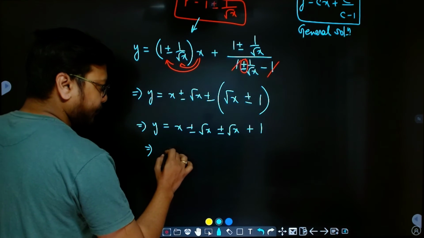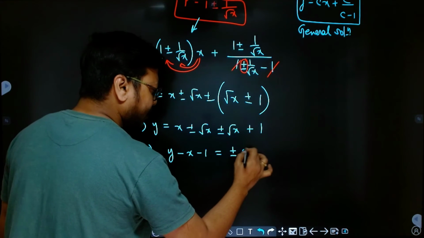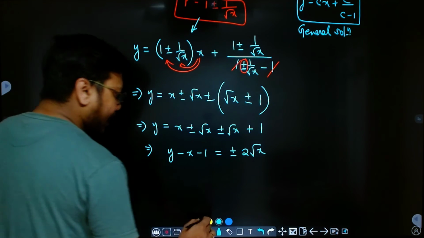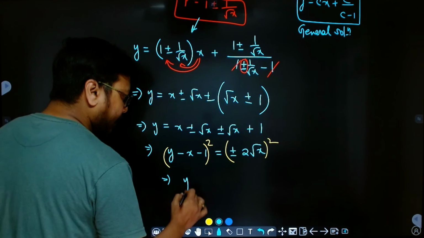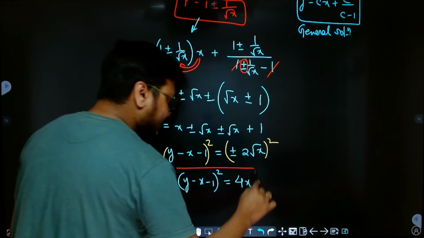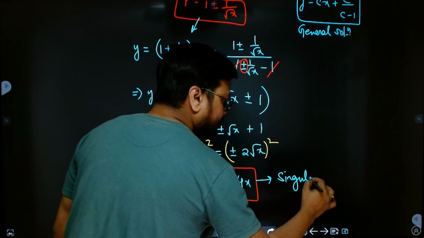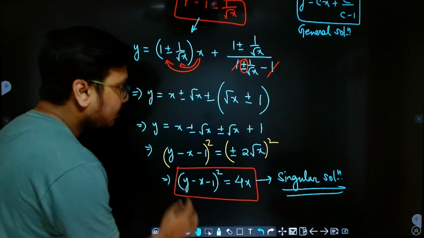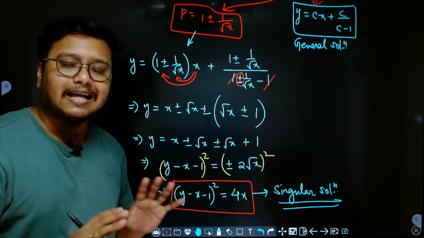So that means we are having y minus x minus 1 equals plus minus 2 root x. Now as I said, I just wanted to get rid of the plus minus, so I will be doing a whole square both sides, and that would give me (y minus x minus 1) whole square equals 4x, and this is where I will stop, and I will say that this is my singular solution, and that's our final answer. Okay, so there we have our general solution, and this is our singular solution, and that's the answer to the Clairaut's form question.